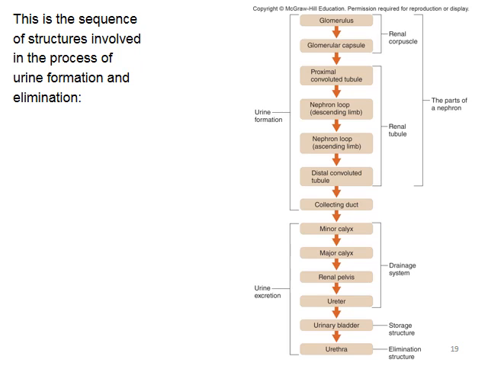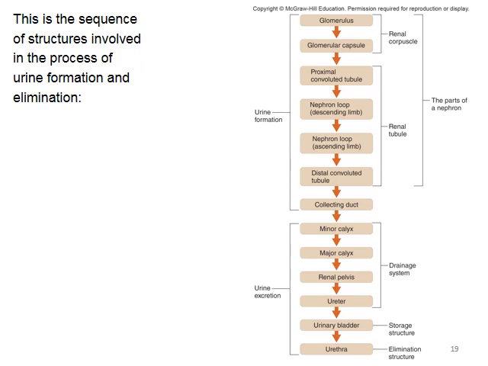When we add the collecting duct to this, we now have the complete list of structures that would form urine, so urine formation. From the collecting duct, we'd move into the minor calyx, the major calyx, the renal pelvis, and the ureter. So the minor calyx would be multiple collecting ducts coming together to form a pathway.